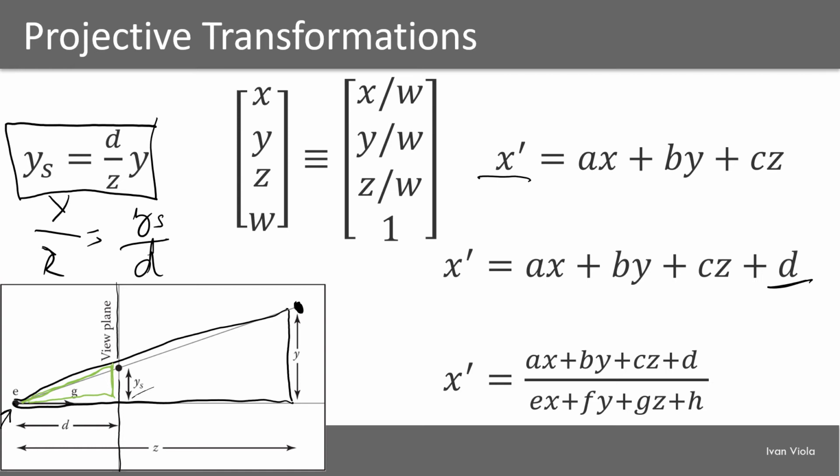Now, we have a look at this matrix again, and we can realize that the 0, 0, 0, 1 row of the three-dimensional affine transformation matrix can actually be filled with some values, and by that we can realize a division which was not possible before.